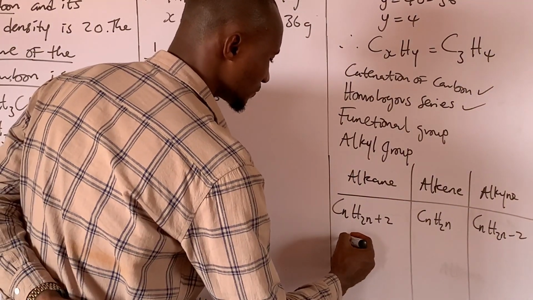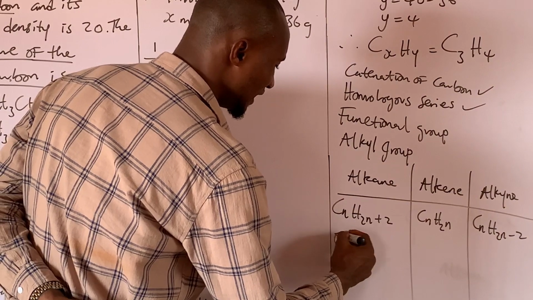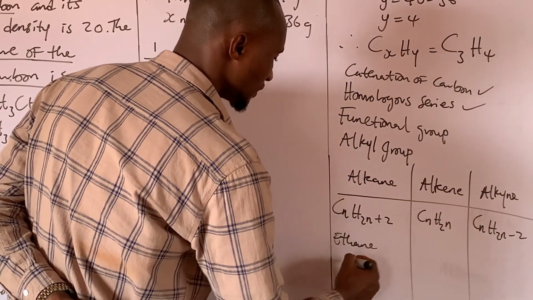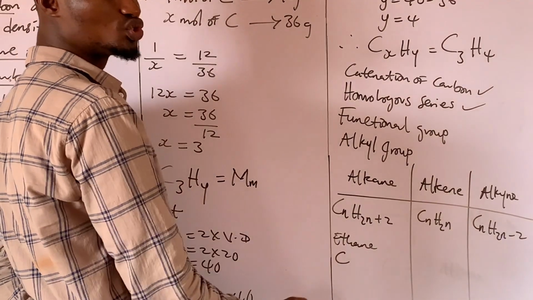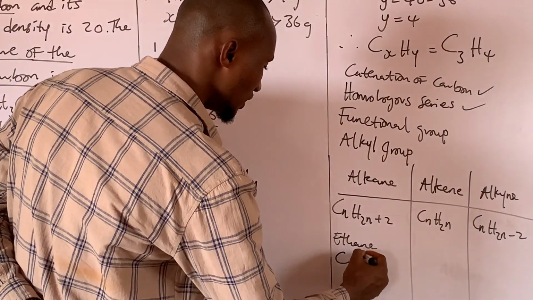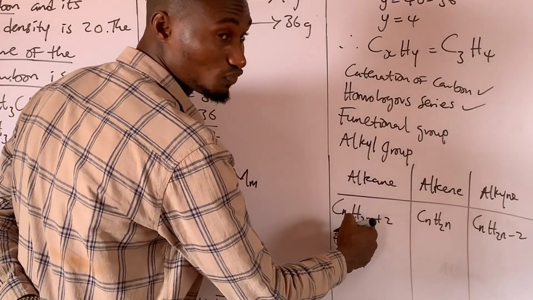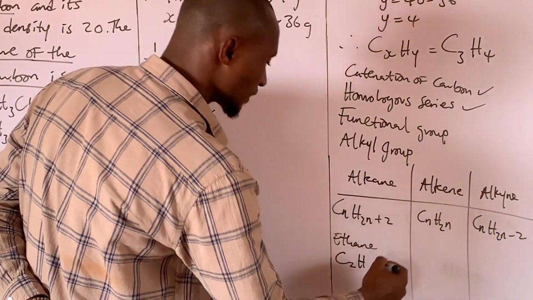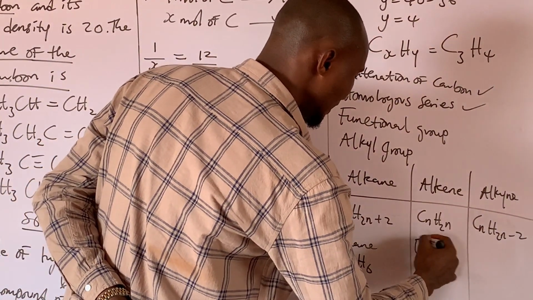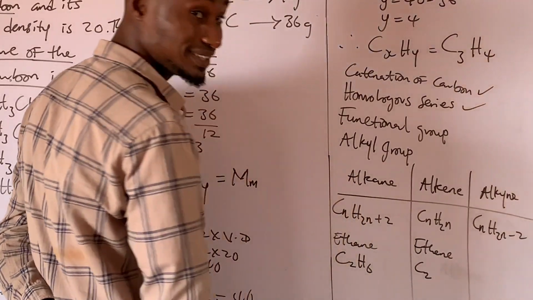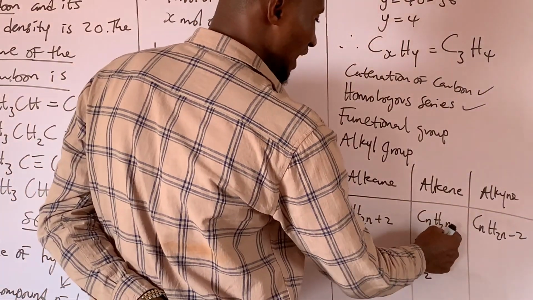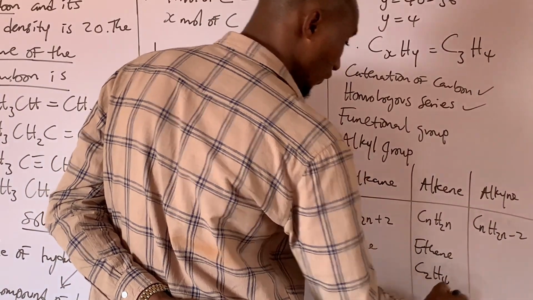If you have ethane here, since ethane is 2, this is C2, H 2 times 2, 4, plus 2, H6. Ethene, C2, 2 times 2, 4, H4.